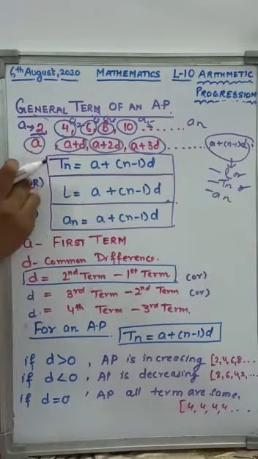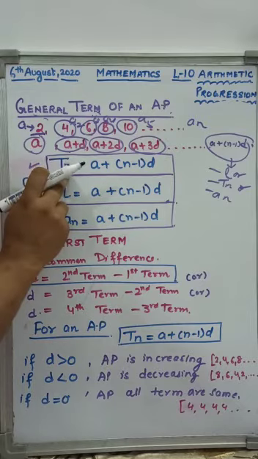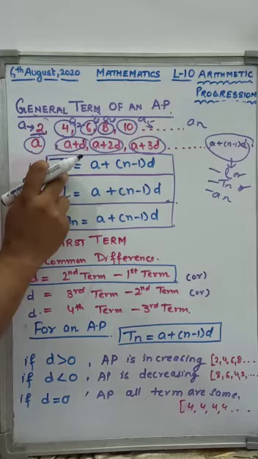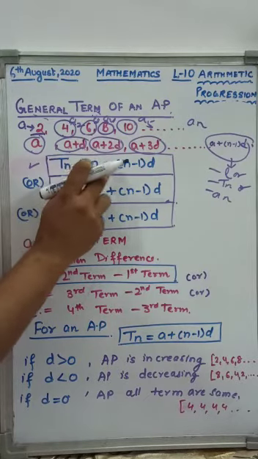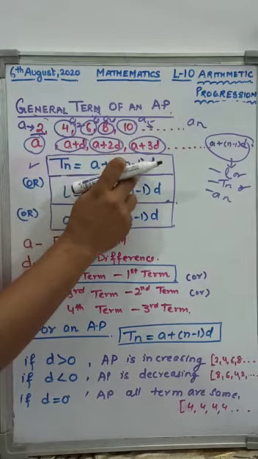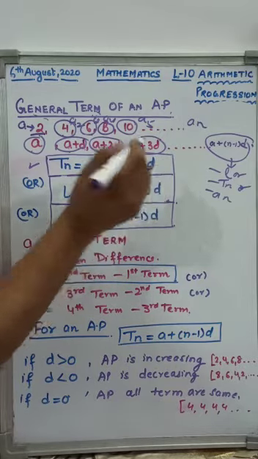Now let's see what is a general term or general formula. So Tn term we have to find. Means which number is in nth term will be equal to a, first term, plus n minus 1 multiplied by d. d means common difference.